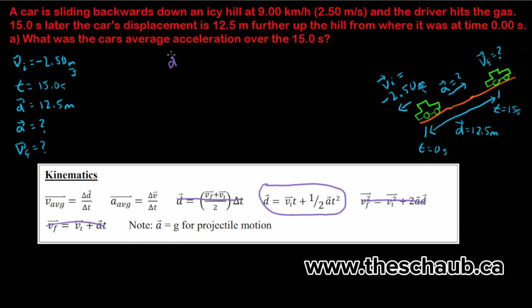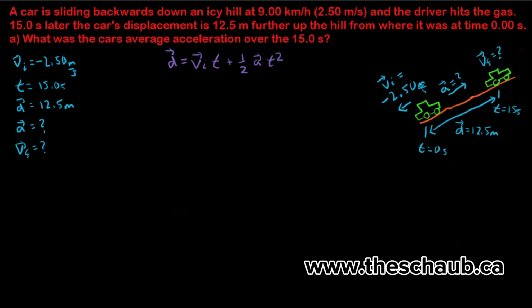So let's write that down. The displacement is equal to the velocity initial multiplied by the time plus 1/2 the acceleration multiplied by the time squared.